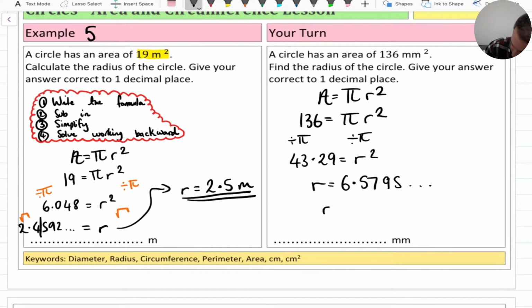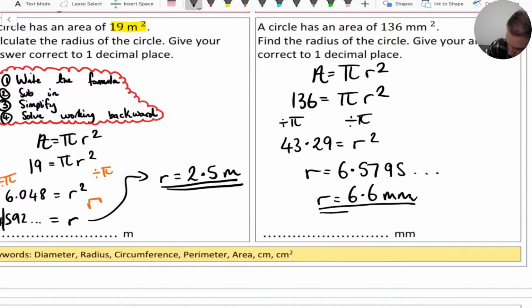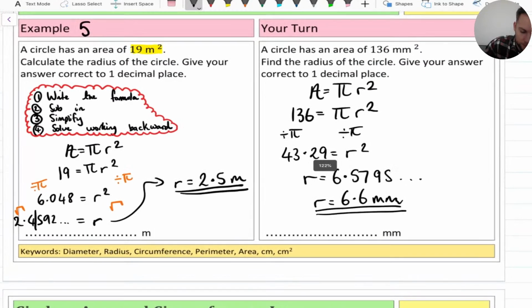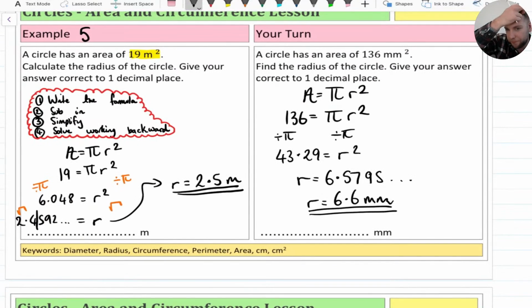So we know that R is equal to 6.6 millimeters in this case. Everybody alright with that? Brilliant, let's move on to something harder. Pop your hand up if you're alright with that. Just keep your hand up, don't put it down yet.